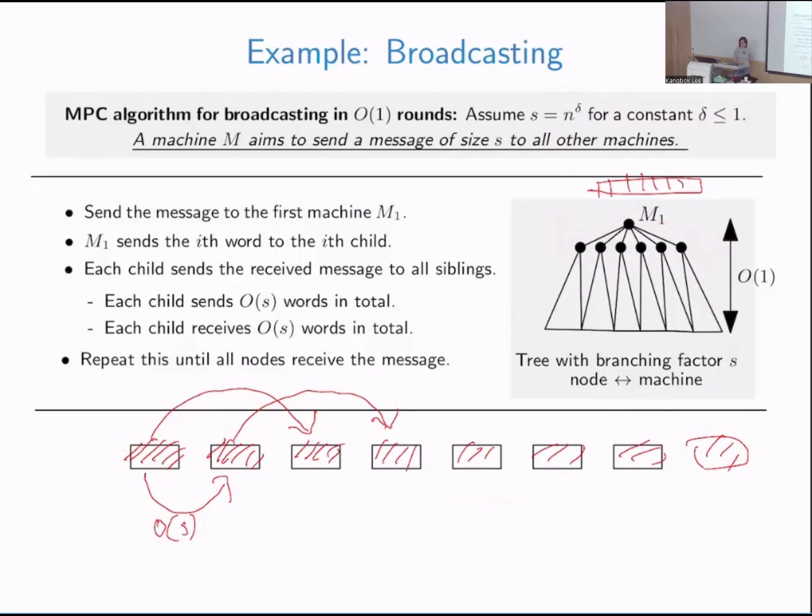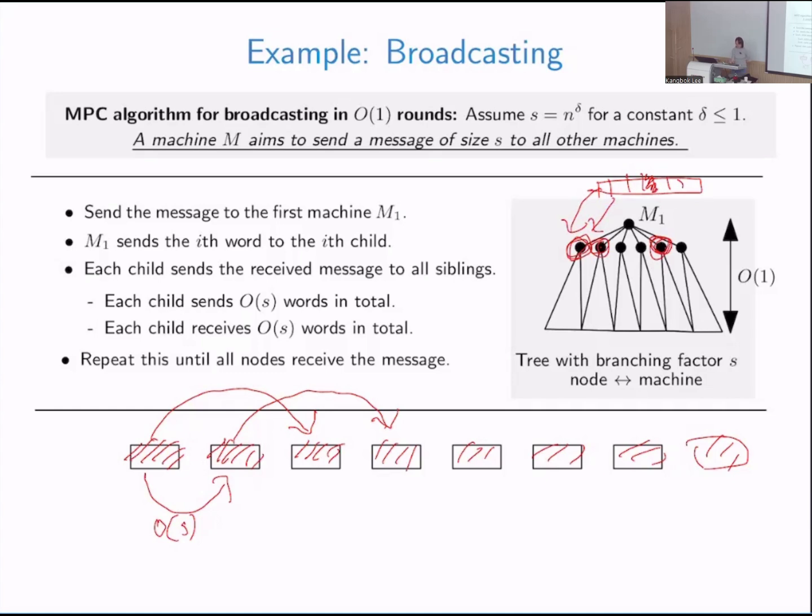At the end of the first round, M1 sends the ith word to the ith child. So the first child now has the first word, the second child has the second word, and so on.